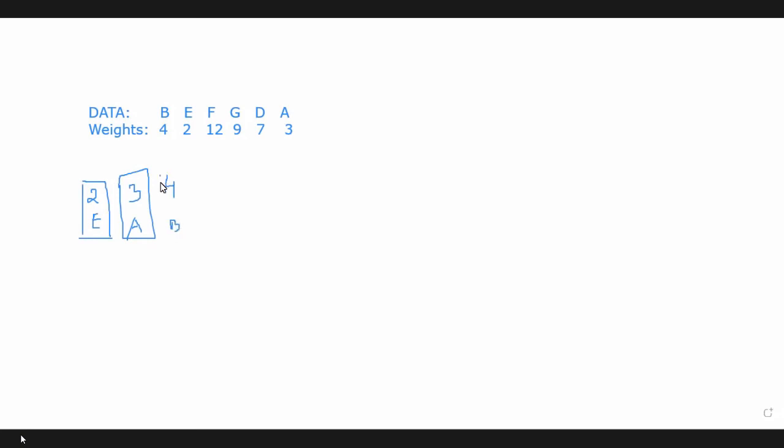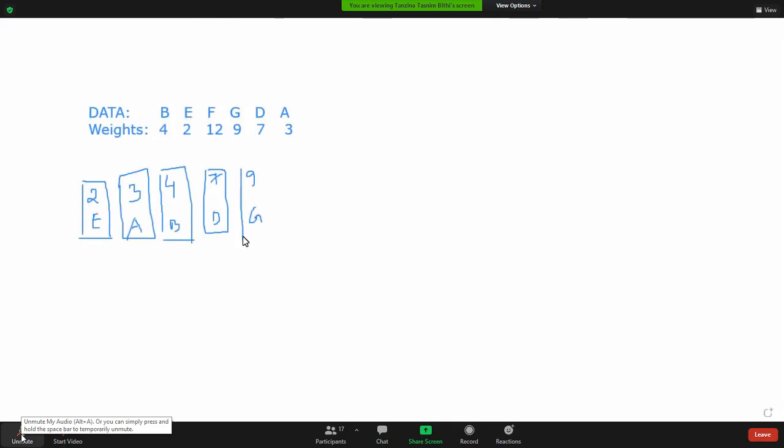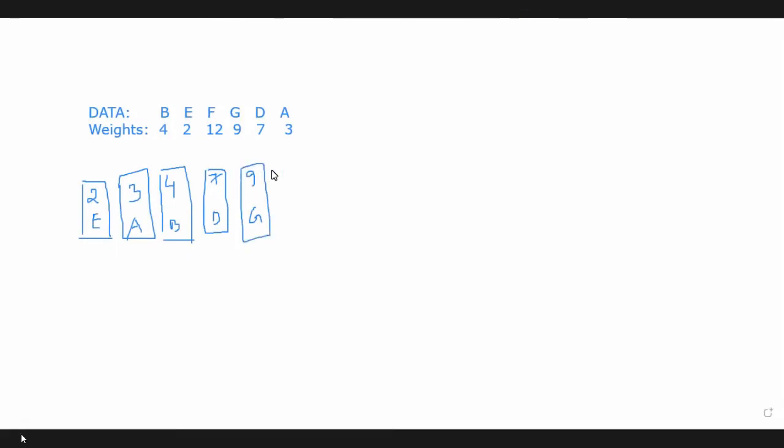Then the next data item is D with weight 7, and then G with weight 9, and the last one is F with weight 12.